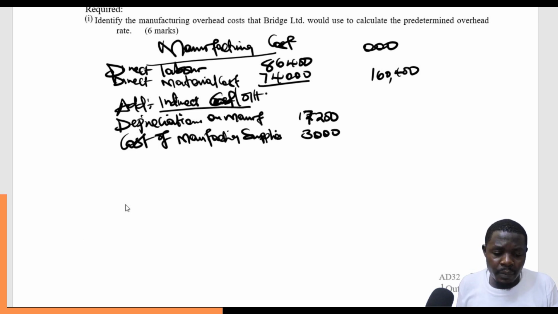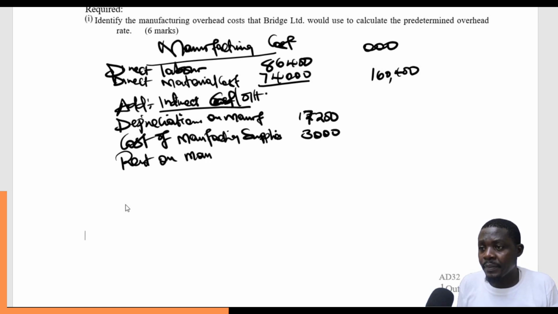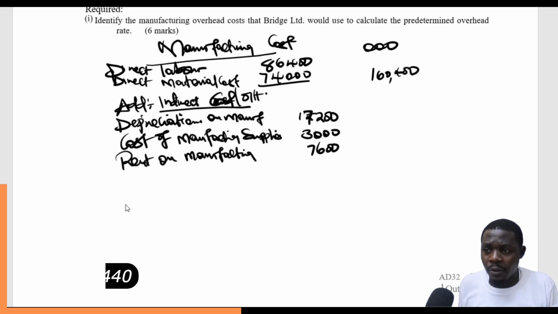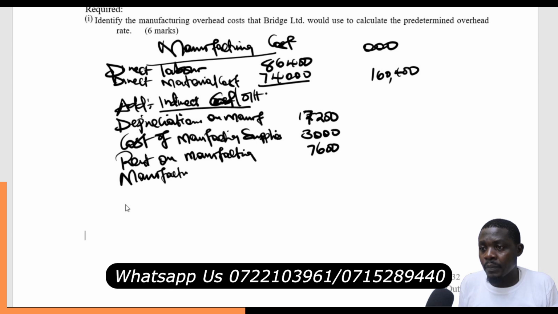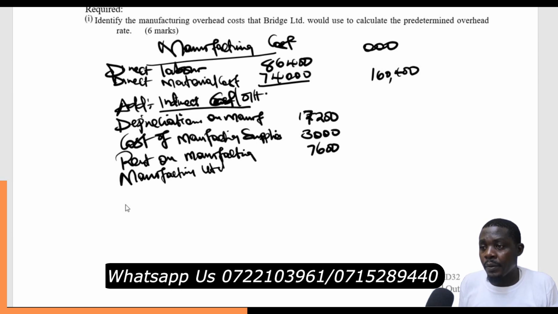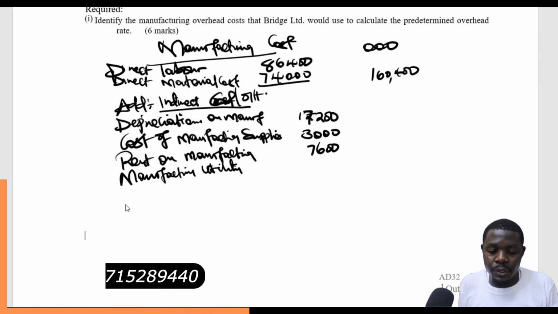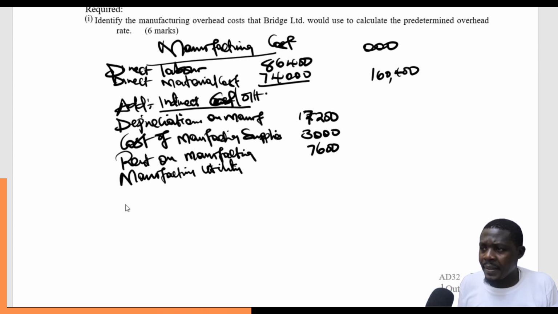And then we have rent on manufacturing, which is 7,600. We have manufacturing utility cost, which is 6,000.